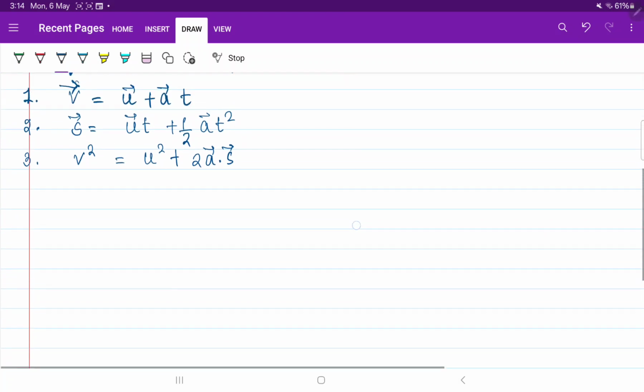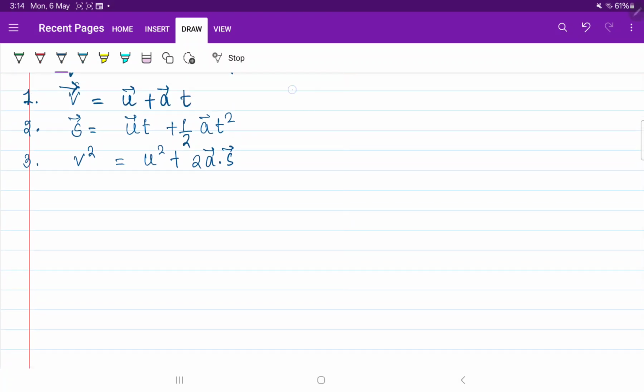In three dimensions, the velocity can be written as v vector equals vx i cap plus vy j cap plus vz k cap.